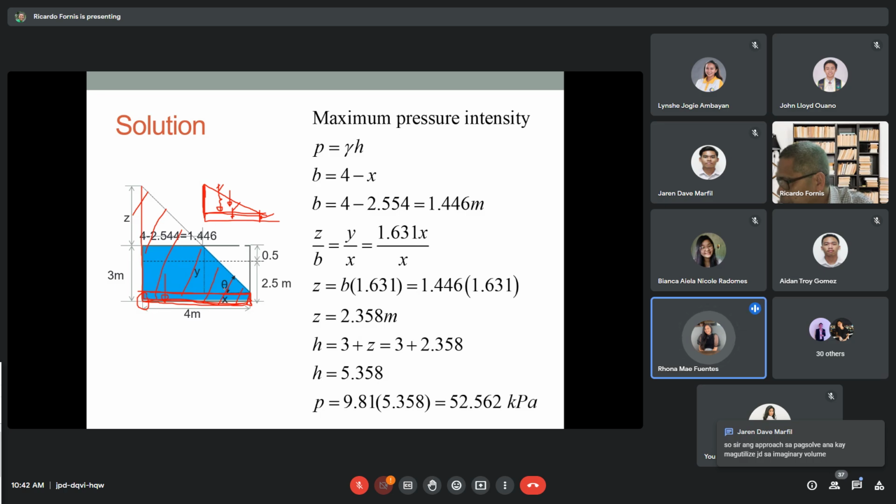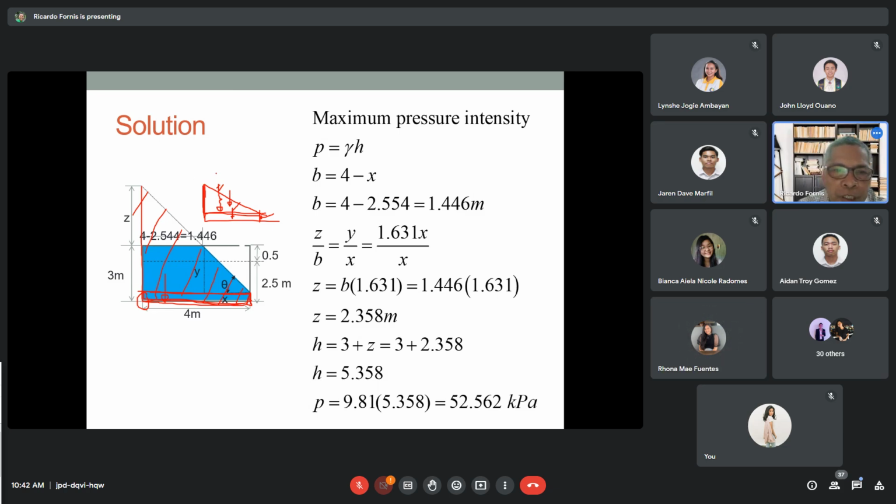Sir, my mic has no feedback. If so, sir, the first approach gives two resultants, from the triangular pressure and the rectangular pressure, each multiplied by the area of the base. Yes. Since there are two resultant forces, you just add them: the force due to the triangular pressure distribution and the force due to the rectangular pressure distribution.